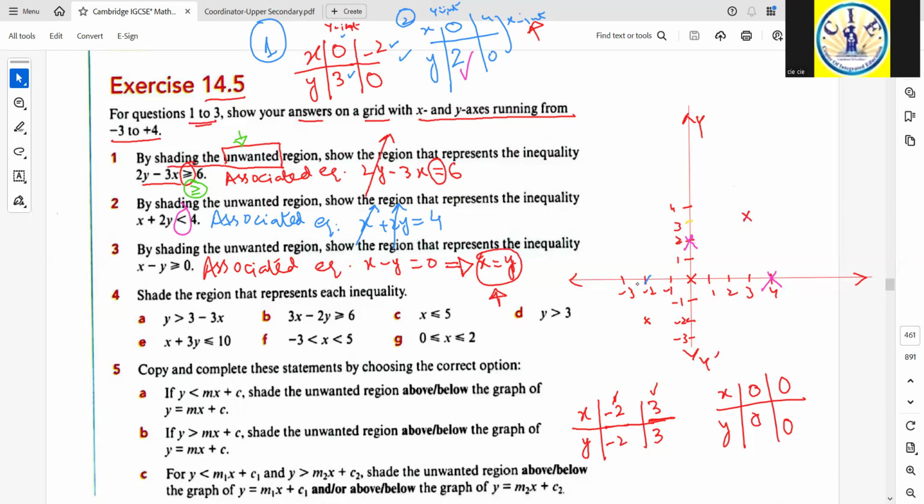Now joining these points, again, in this case, this is a closed inequality. So what I need to do, the line that I need to draw has to be a solid line.